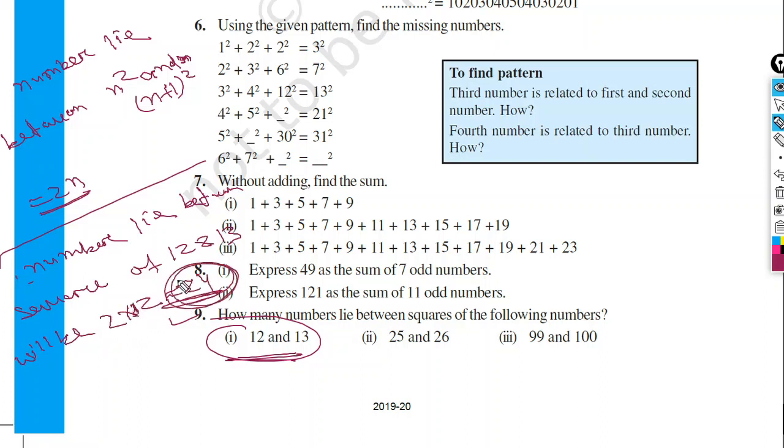So 24 numbers will lie between the squares of 12 and 13. Similarly, here how many numbers will lie? 25 into 2, which is equal to 50. Similarly, here 99 into 2, because the smaller number is 99.